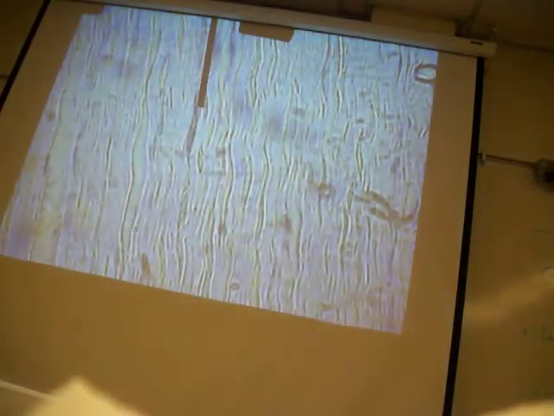And what you're looking at are the wavy lines. I'll turn the light source down a little bit so you can see how the lines are pretty darn wavy on there. That is the collagen fibers. So think tendons and ligaments. This is that dense white fibrous connective tissue on there.